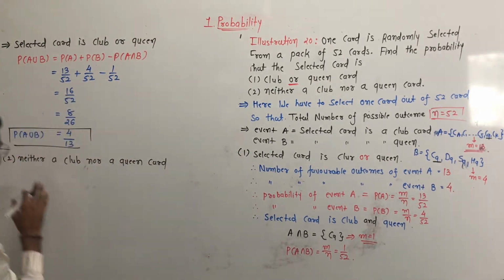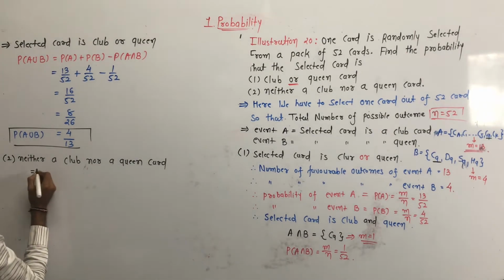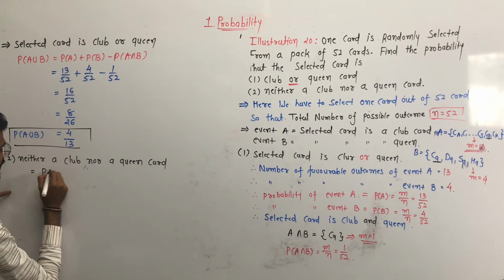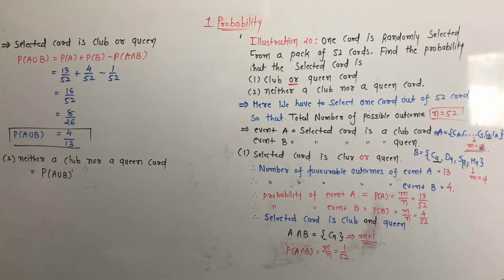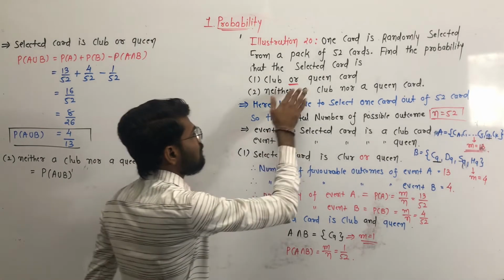So we can write that neither a club nor a queen card is equal to the probability of (A union B) dash, the complement. The probability of the union of events A and B is that the selected card is a club or queen card.